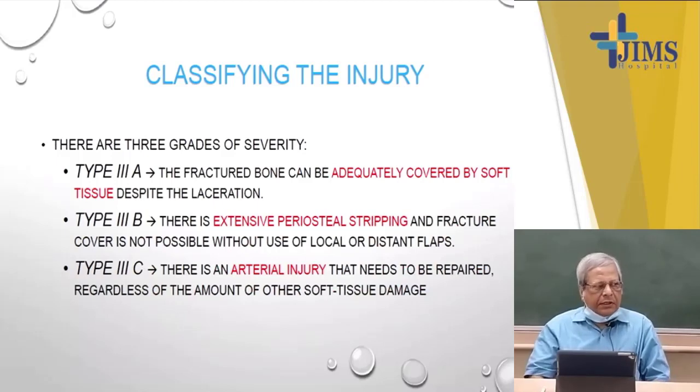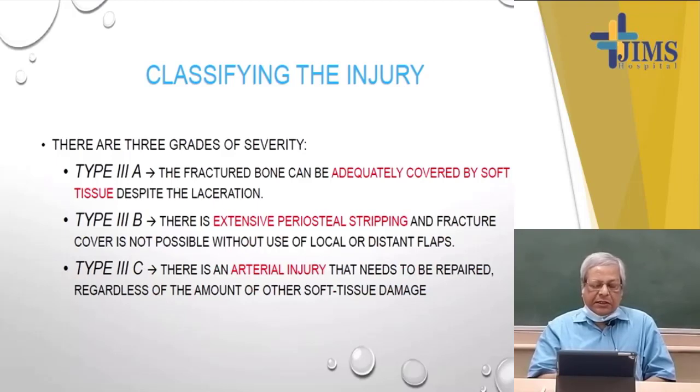With extensive periosteal stripping, the intramedullary blood supply is completely torn off, and the other source of blood supply, the periosteal blood supply, is also gone. So you can easily assess the difficulty in achieving bony union. There is no blood supply.